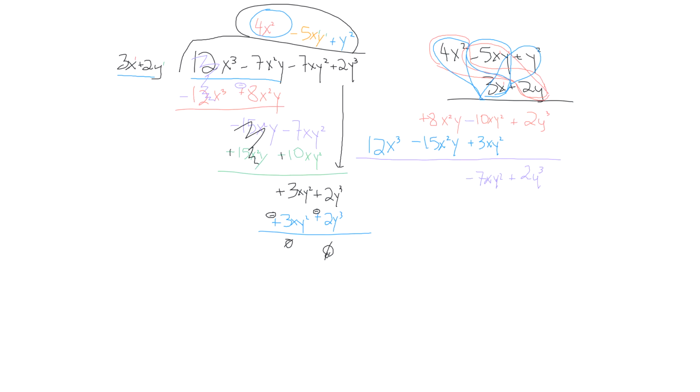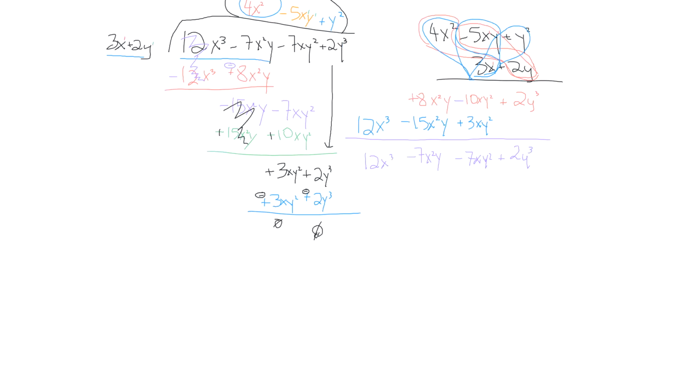Good job. Minus 15x squared y plus 8x squared y is minus 7x squared y. 12x cubed. So this is exactly the same thing I started with. So that means my answer was correct. I'm going to stop here because this is a lot. This is a lot to digest.